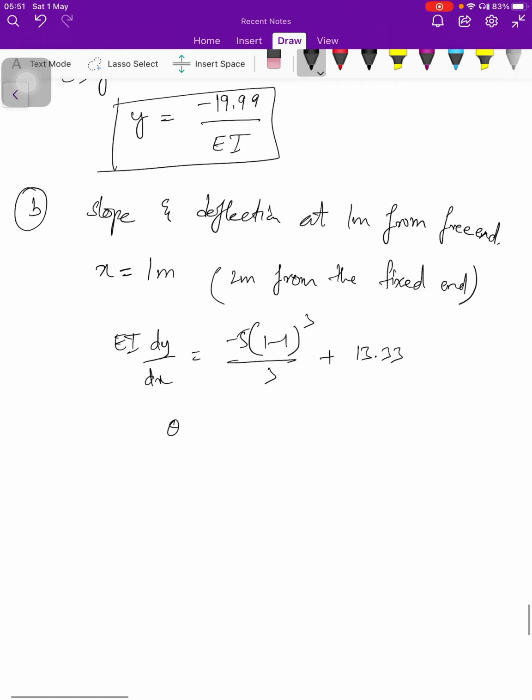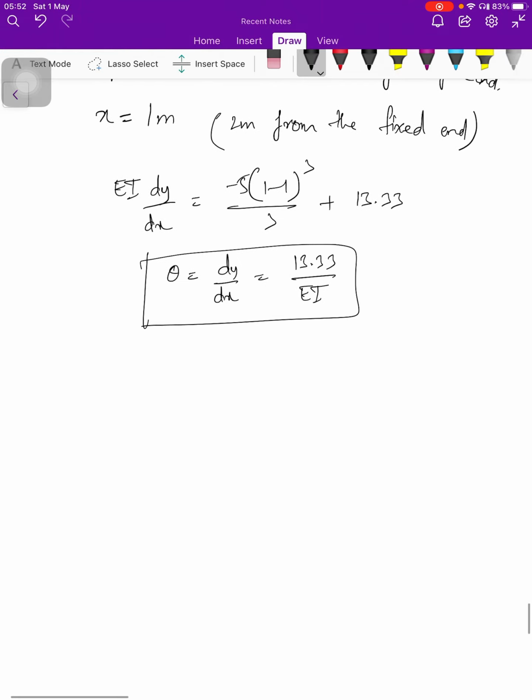So theta is equal to dy by dx is equal to 13.33 by EI, and EI y is equal to minus 5 into (1 minus 1) whole power 4 by 12 plus 13.33 into 1 minus 19.99.